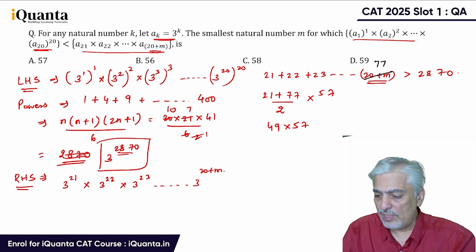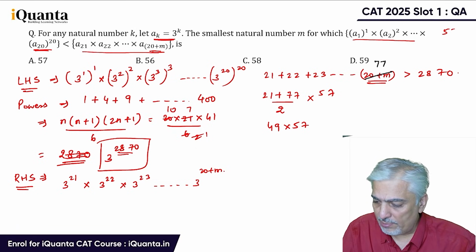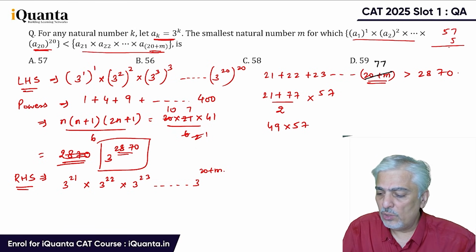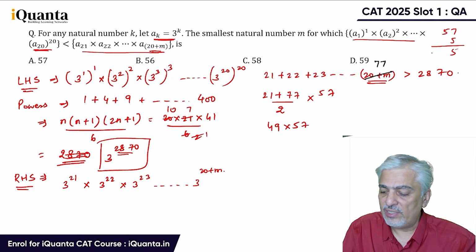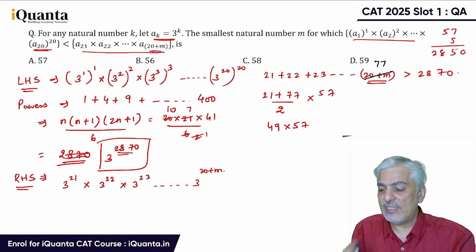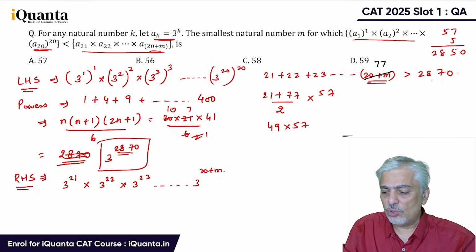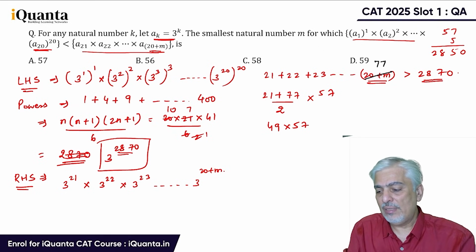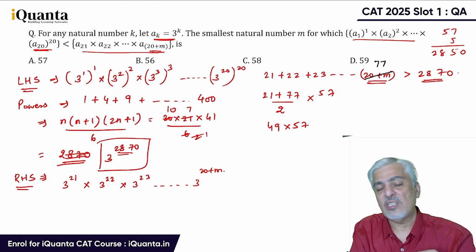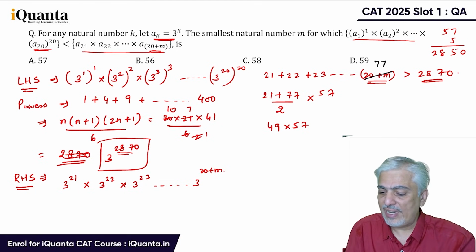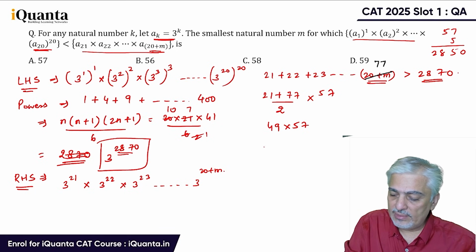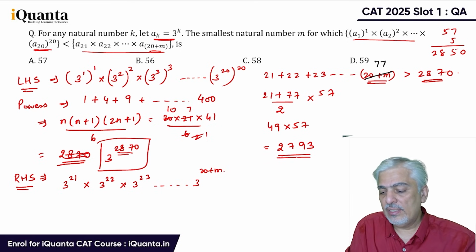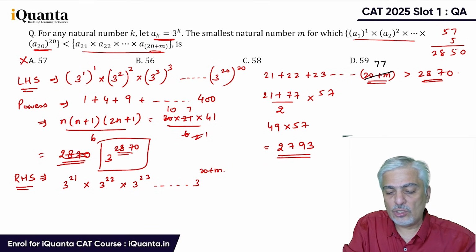Whatever way you want, let's just do it. 57 into 50 is 2850. 2850 minus 57. I can know that it is going to come lesser than this, but let's finish the calculation. It will be 2793.